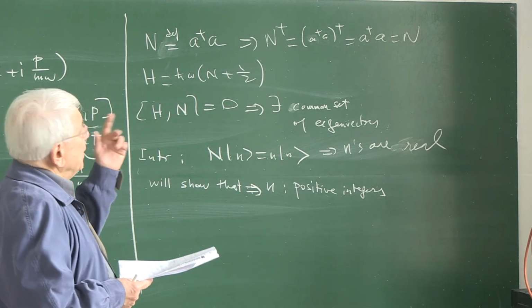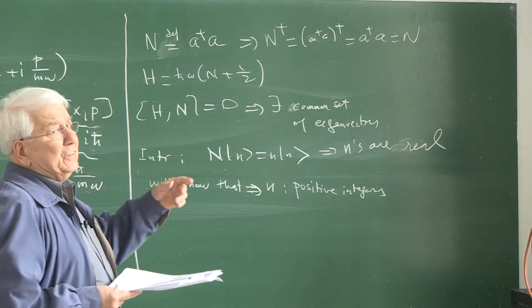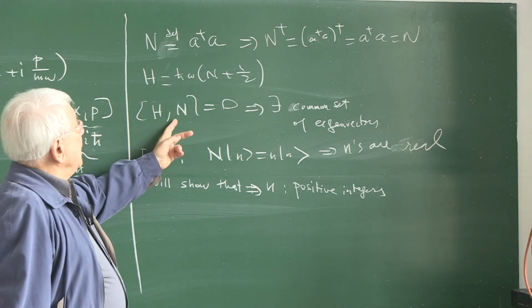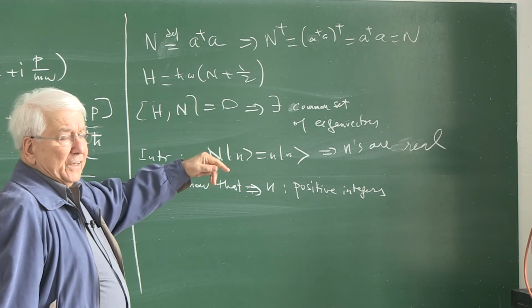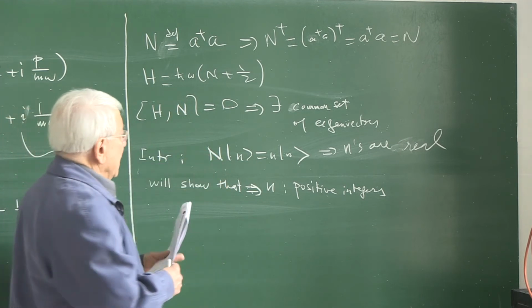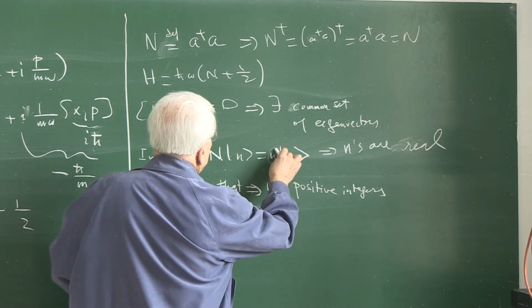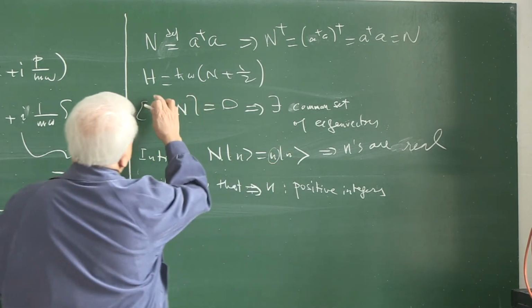The first thing that we have to trivially illustrate is that as these are commuting, they should have common eigenvectors, and the eigenvalues associated with that common eigenvector for the first operator is n. What about the other, H?